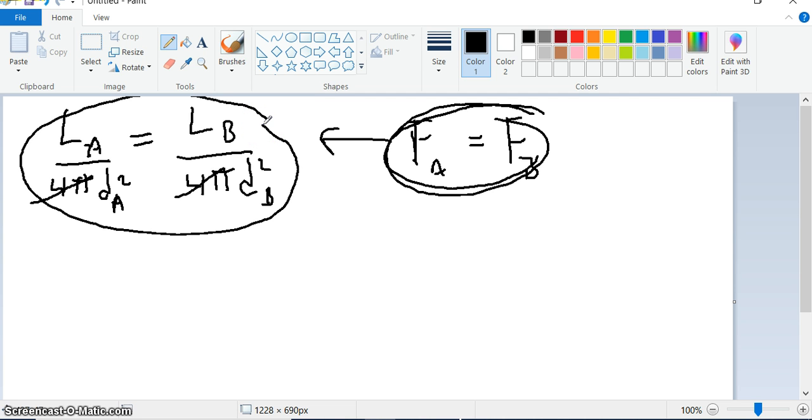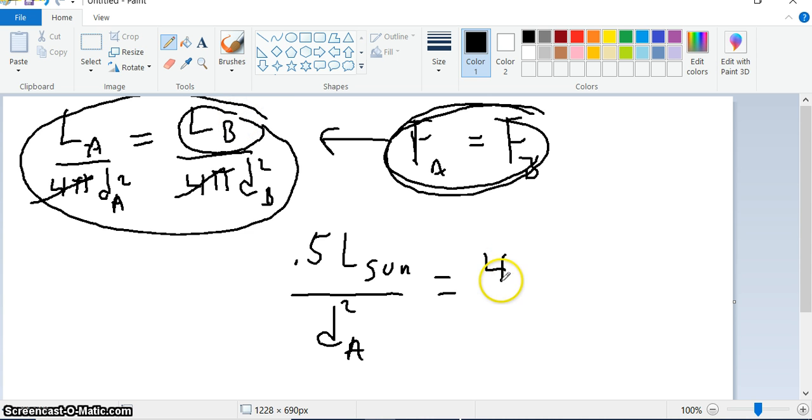Now we know what L sub A is, and we know what L sub B is. L sub A is 0.5 times the luminosity of our sun, and we're going to see the luminosity of the sun cancels in just a moment, divided by the distance to A squared. That's going to equal the luminosity of B, which they gave us as 4.5 times the luminosity of the sun, divided by the distance to B squared.